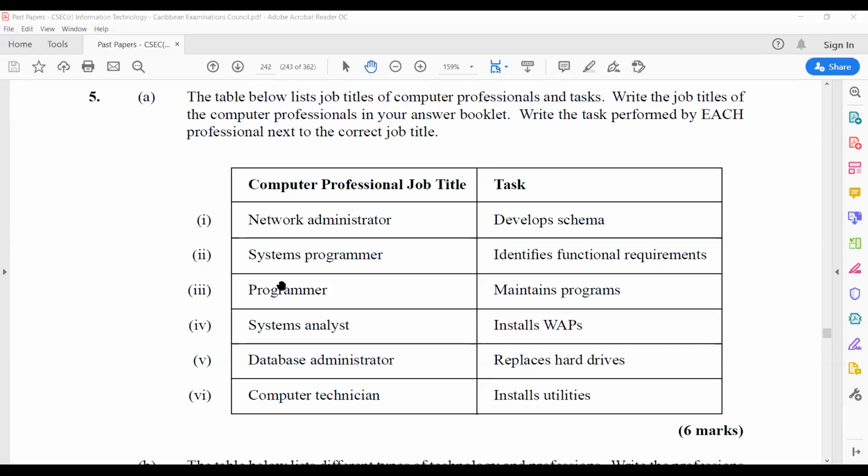Okay, any suggestions? Let's start with the first one, the network administrator. What would be a task of the network administrator? To identify functional requirements?